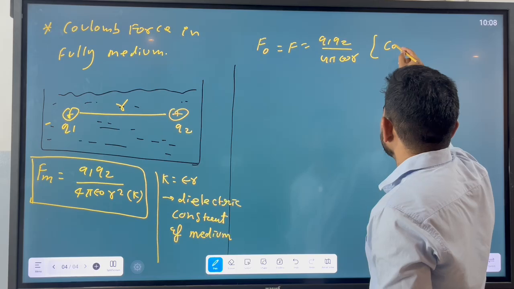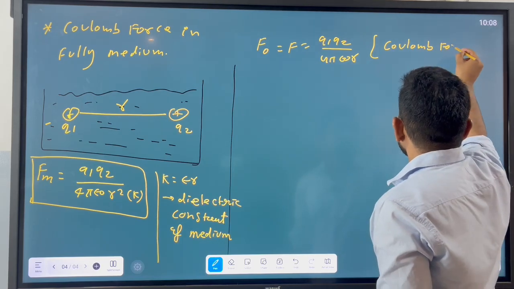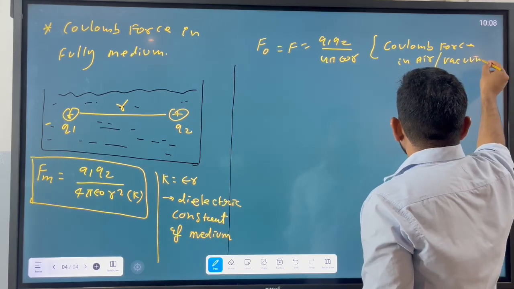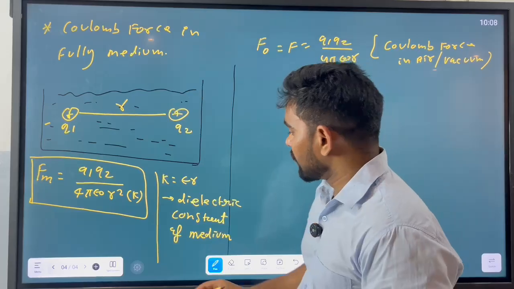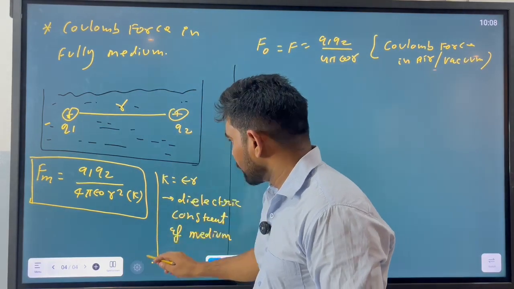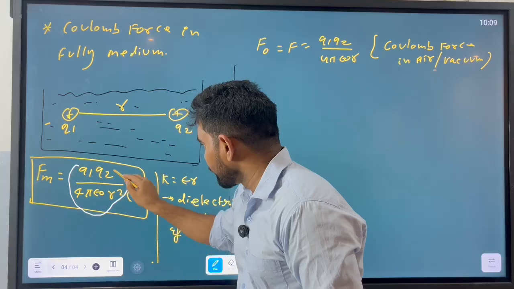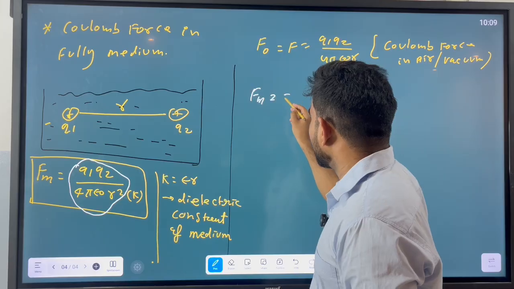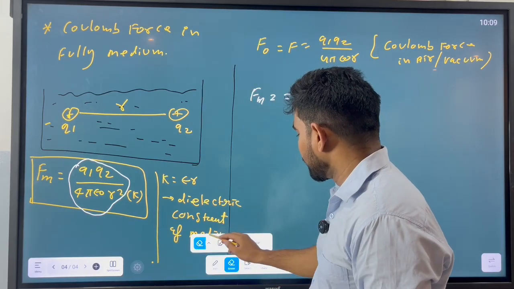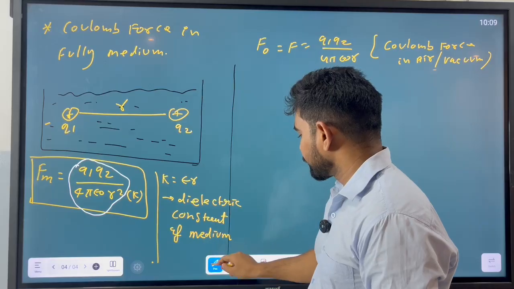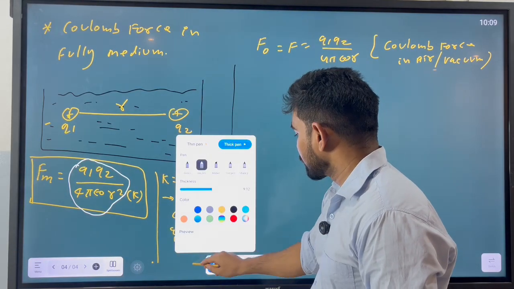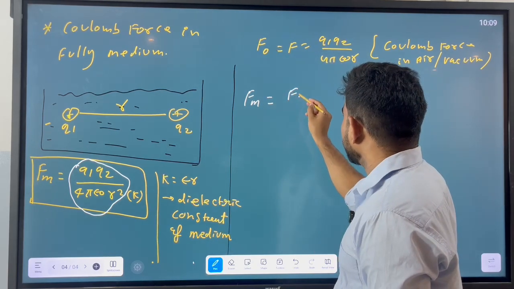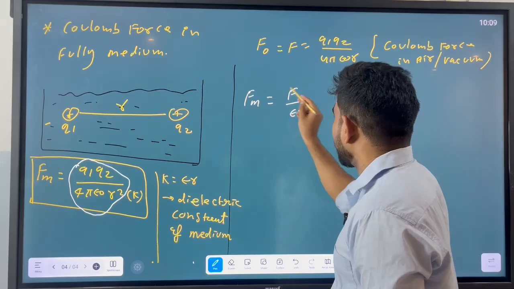Putting this value, you can compare both equations: Coulomb force in medium Fm equals F0, meaning F, divided by epsilon r.